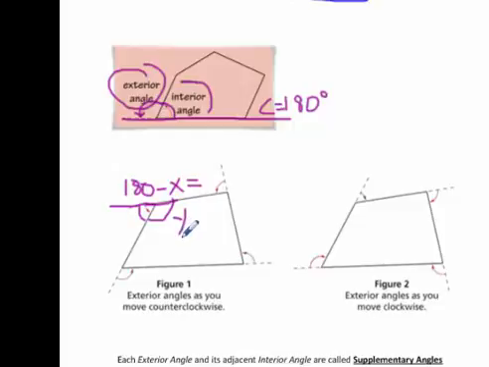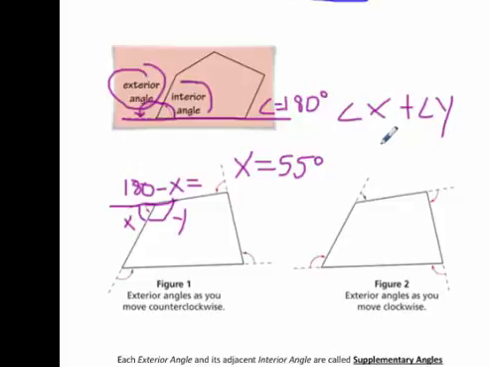Okay, so just to start out, this angle here I measured ahead of time is 55 degrees. So X equals 55. If I know that X equals 55, all I've got to do here is take 180 and subtract 55, and that will give me my Y. So basically what I'm saying is angle X plus angle Y will equal 180 degrees.